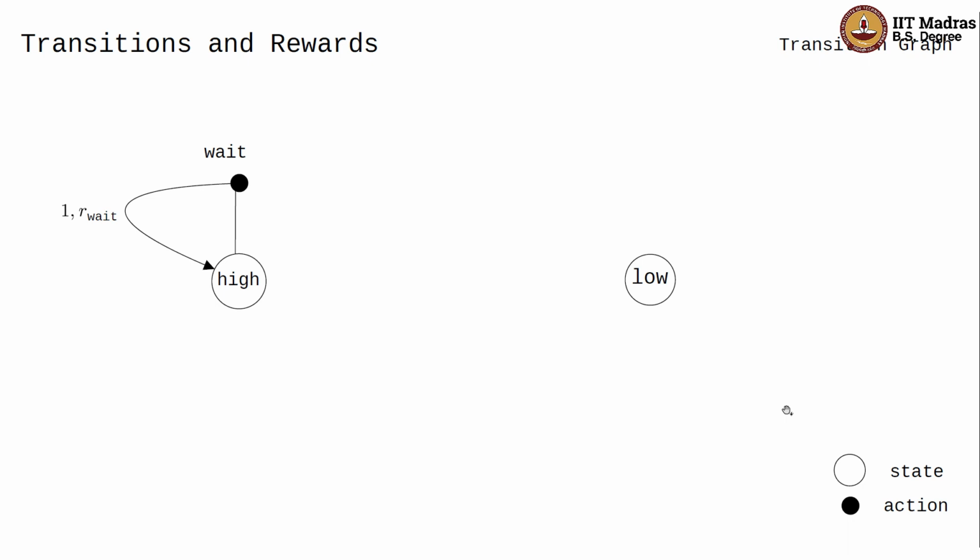So that's what happens if you are in state high, you decide to wait, and you transition to state high again. What is the other action which is possible from state high? Search. If you decide to search, this is slightly more involved and also more interesting than the situation where you wait. Think about where you'll end up.